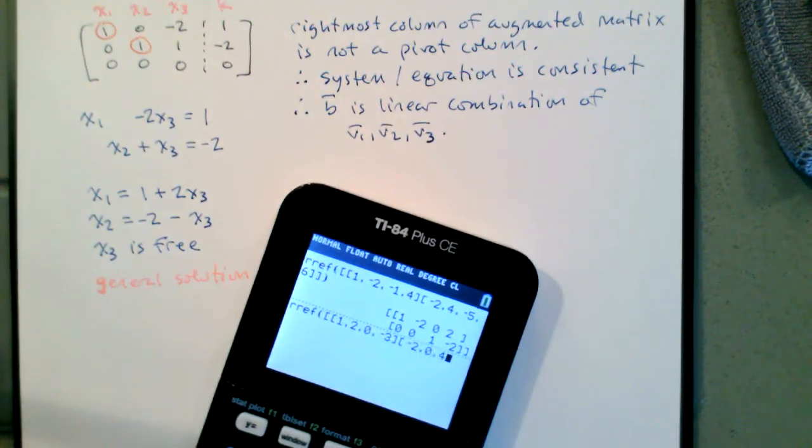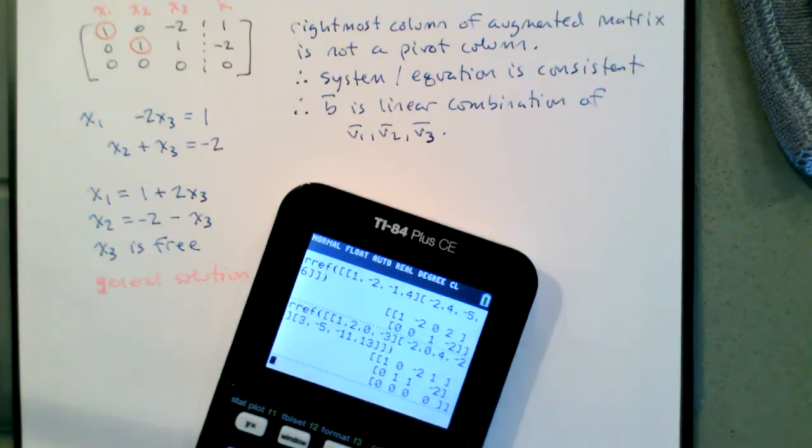Close the row, open the third row. 3, -5, -11, 13. Close the row, close the matrix, close the command, and then proofread, but I didn't do that. I just got lucky.